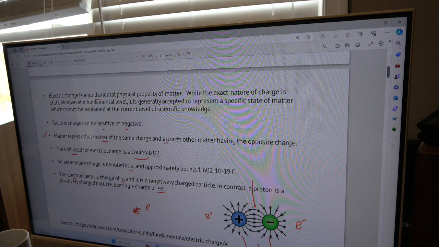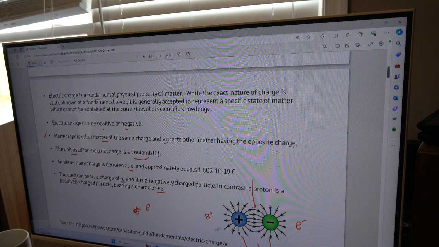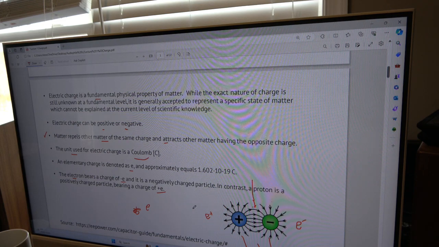Whereas an electrostatic force that exists, for example, between this here proton and electron, each of which has an elementary charge, this kind of force is referred to as a field force. It's not a direct force. It's a force that exists within a field.